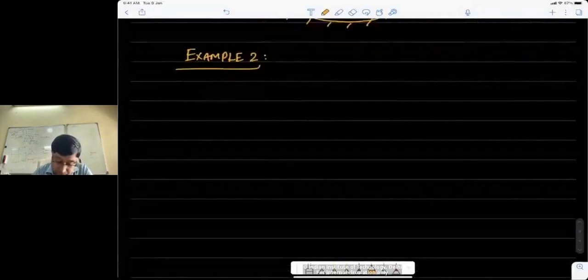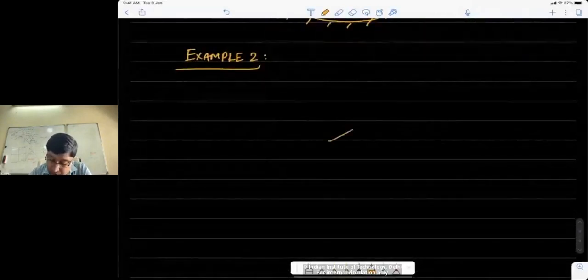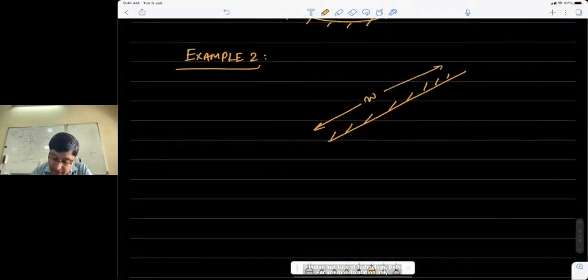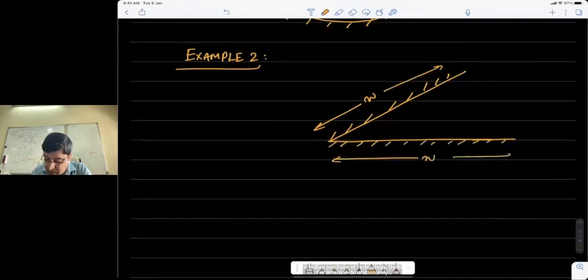in the tutorial sheet. So say we have two surfaces, two inclined flat surfaces of, let's say, length w, with an angle alpha between them.